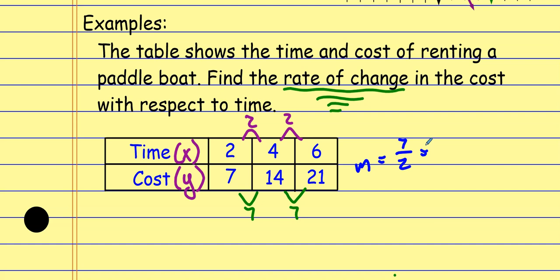But this is in context. We've got to think about it in terms of the context. In context, we would want to divide this and say the slope is 3.5. And why would we want to write it as 3.5? Think about what that represents. That's showing us the cost per hour. It's $3.50 per hour, okay? And that's important. We can't just lock slope into this algebra thing that we use.